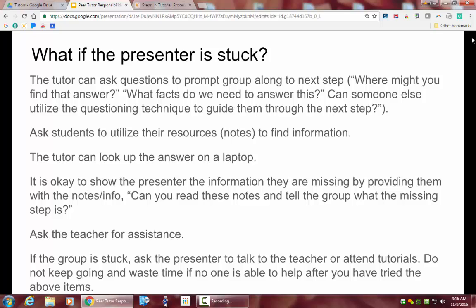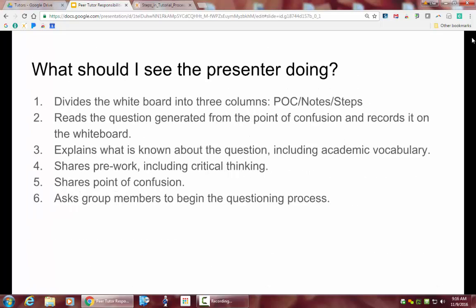So you, as the presenter, what should that look like? If you are presenting or you are helping the presenter prepare to present, they're dividing the whiteboard into 3 columns: their point of confusion, their notes, and their steps. Then the presenter is going to read their question, the one generated from the point of confusion, record it on the whiteboard, and then explain what you know about the question.